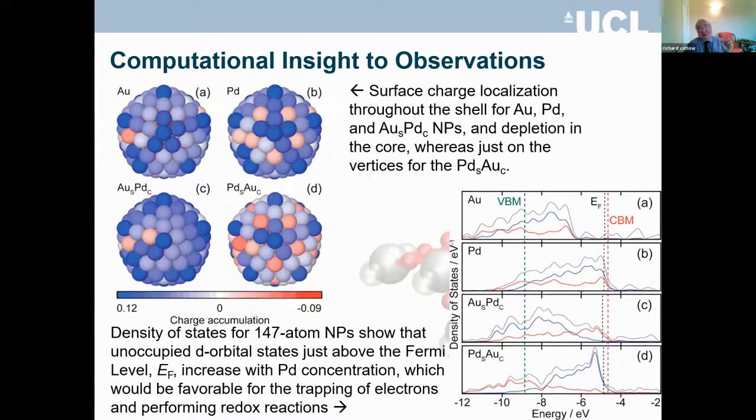And what we suggest is that when you concentrate the electron density on those atoms, it increases the efficacy of the reduction process. So we've learned here that you can enhance the photocatalytic performance by this alloying. And secondly, we've got insights from the computational work as to why the alloying is effective.